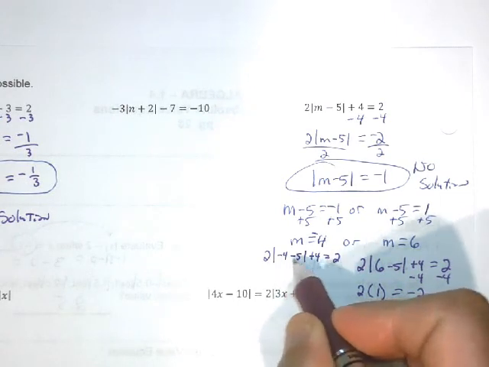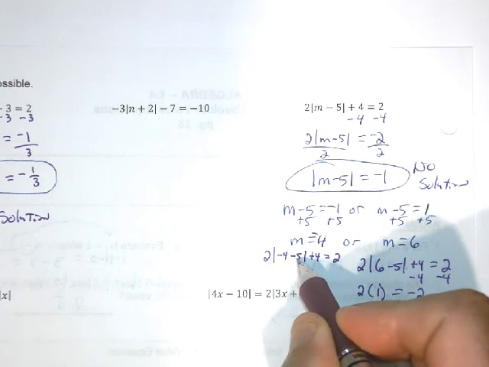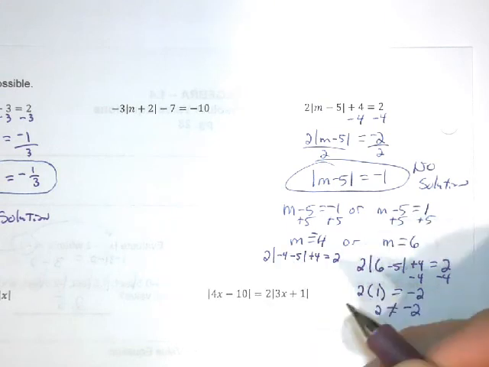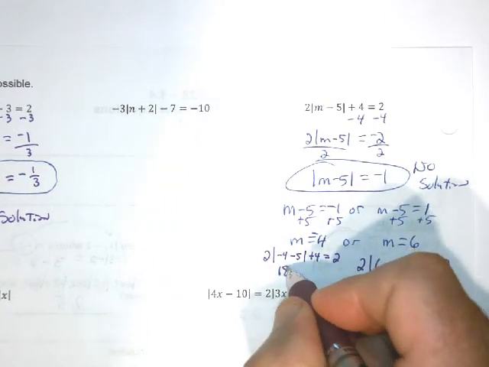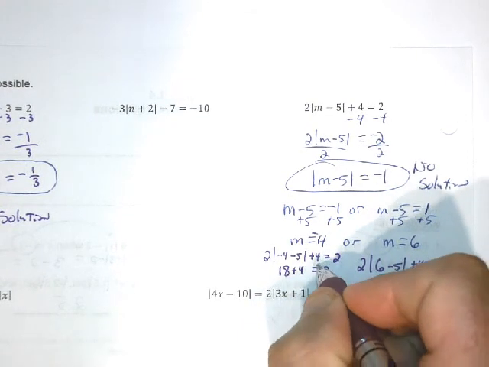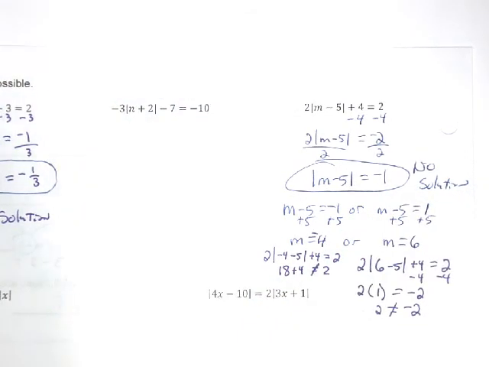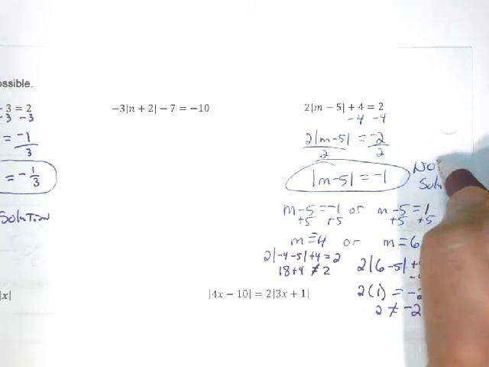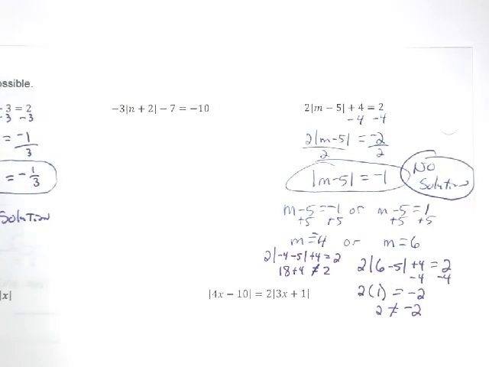That is negative. The absolute values are going to make that a positive 9. 9 times 2 gives me 18, plus 4 more has to equal 2, and we can start to see that is not correct. That is why we have no solution for this problem. So again, solve if possible.